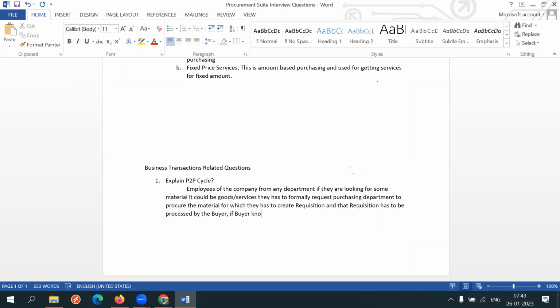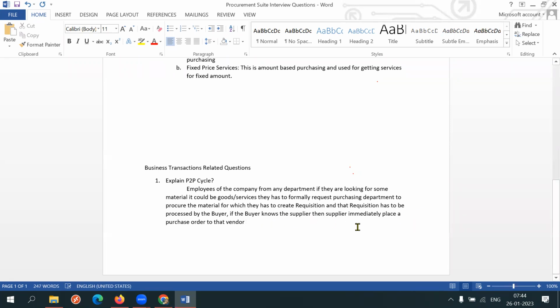If the buyer knows the supplier, then the buyer immediately places a purchase order to the vendor.